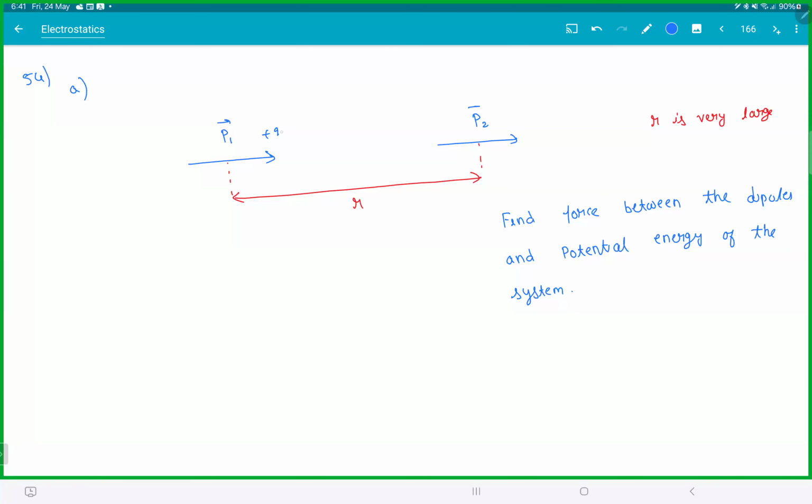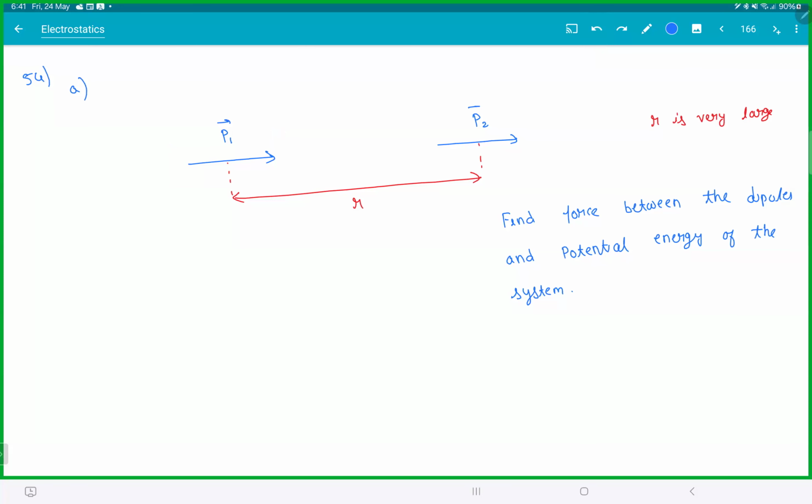So technically, what is happening? I'll tell you. See, there's a charge Q1, there is a minus Q1, there is a minus Q2, and there is a Q2. All four of them are interacting with each other, isn't it? So they will generate some forces, they'll generate some potential energy. All that we know is the dipole moments P1 and P2.